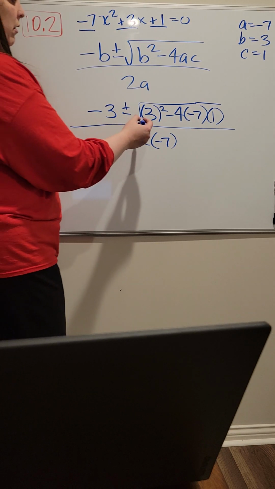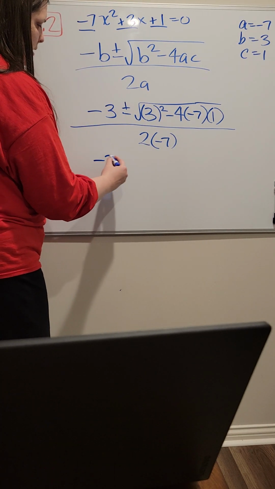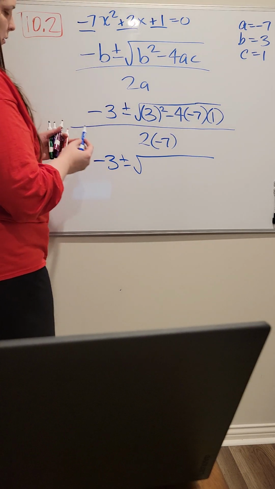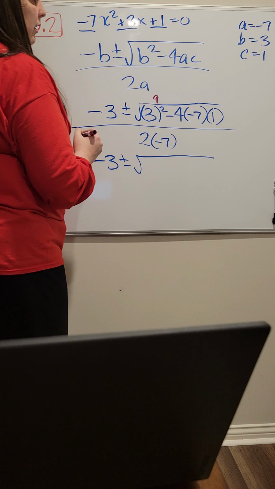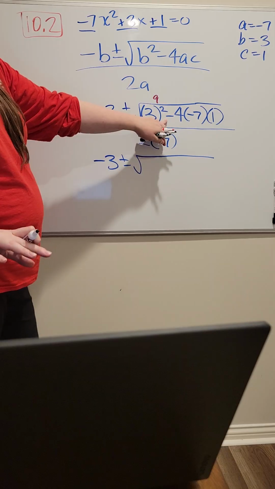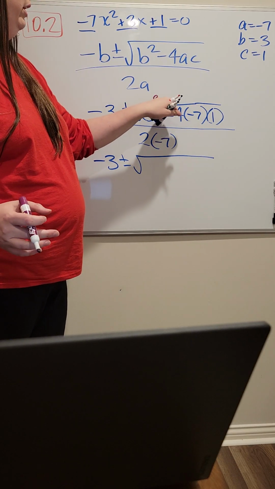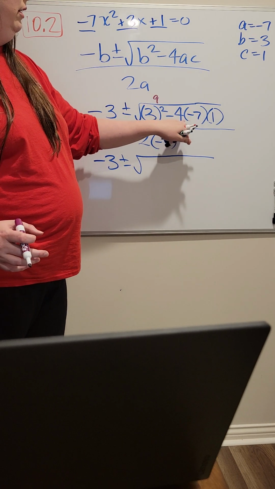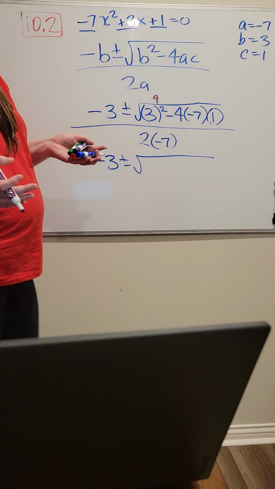Okay, the hardest part is getting all of this correct. So this 3 squared is 9. And then you can either consider this to be negative 4 times negative 7 times 1, and whatever sign you get, you put here. Some people like to put the minus down and just multiply these, but then sometimes you get minus and negative and have to make it a positive.